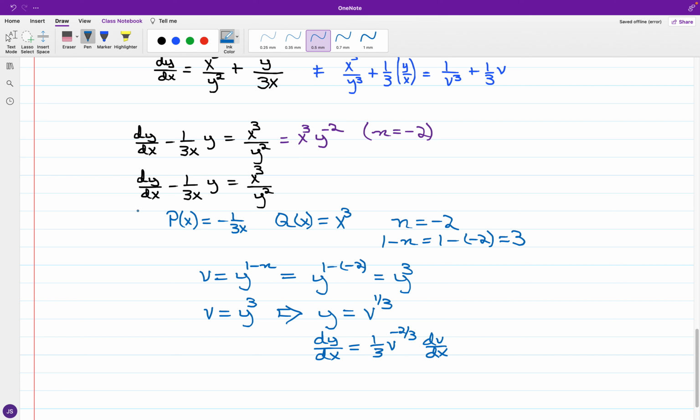So we've got dy over dx, and substituting, I have 1/3 of v to the negative 2/3 dv over dx, minus 1 over 3x times y, which we have as v to the 1/3, is equal to x cubed over y squared, or in this case dividing by v to the 2/3, or multiplying by v to the negative 2/3.